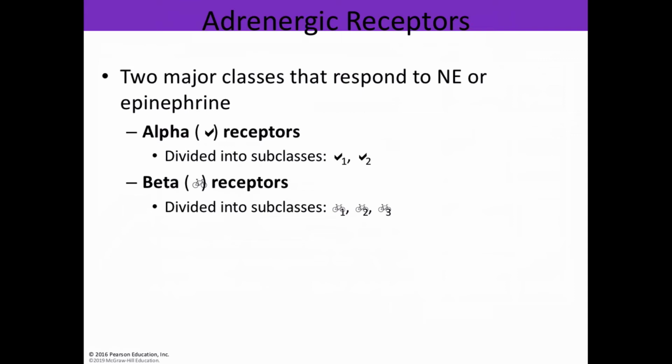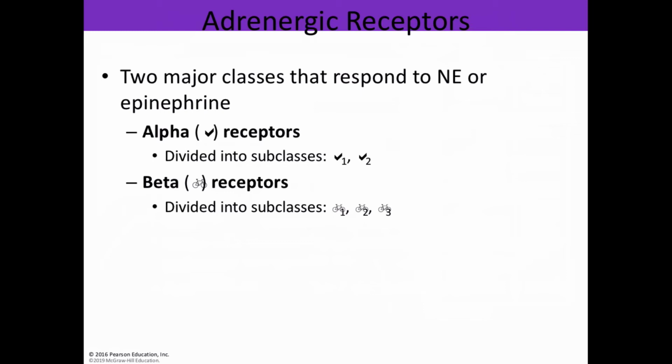So the alpha receptors are divided into two subclasses, called alpha 1 and alpha 2. The effects will be either excitatory or inhibitory. It depends on the subclass of receptor that predominates at the target organ.